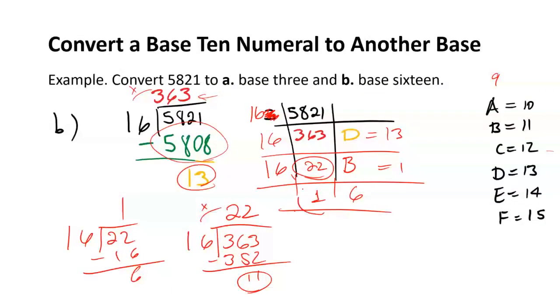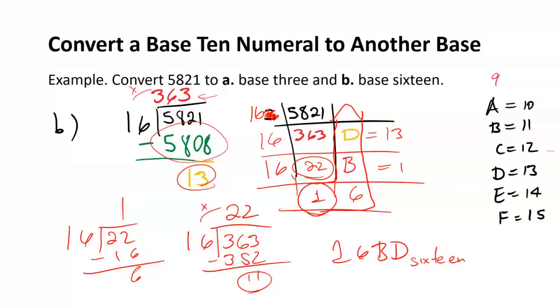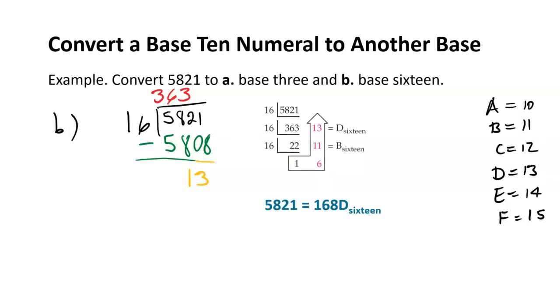So my numeral, starting from the bottom number, and remember that I have an arrow that goes like that, would be that one, 1, 6, B, D, and then base 16. I think I had the whole diagram, which is right here. And that's exactly what I had, huh? Well, actually, this is supposed to be B, because there's a typo here. So the numeral is 1, 6, B, D, base 16.